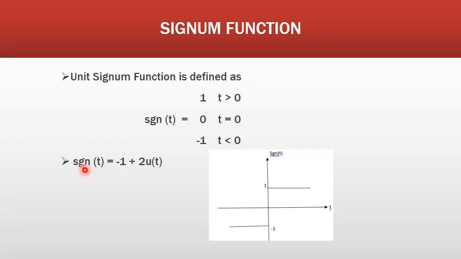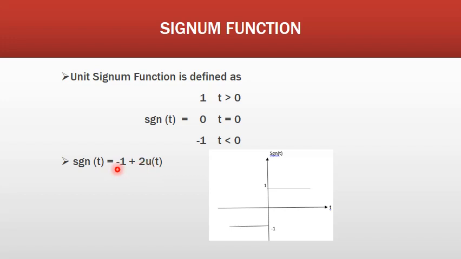Next, the signum function can also be written in terms of unit step function. Signum of t is equal to minus 1 plus 2 into u of t. We know that u of t is equal to 1 when t is greater than 0 and it is 0 when t is less than 0. So, 2 into u of t is the signal which has amplitude 2 when t is greater than 0 and 0 when t is less than 0.